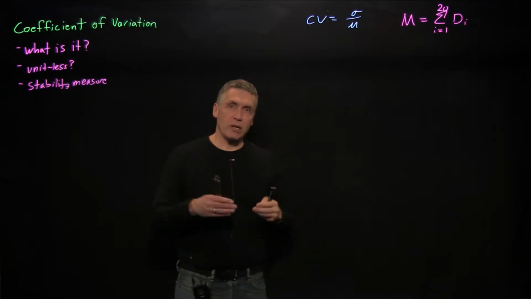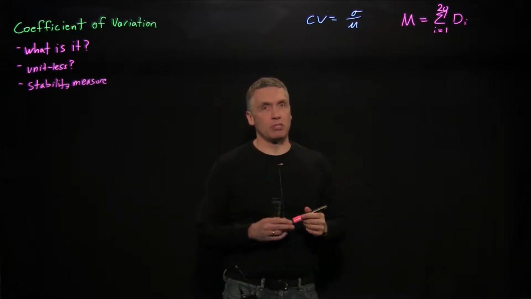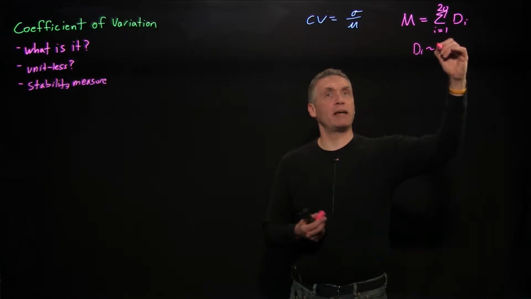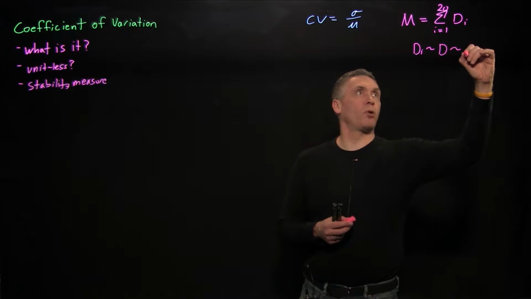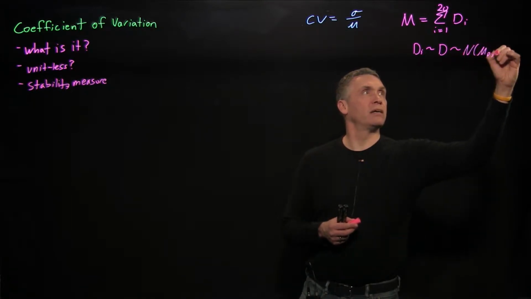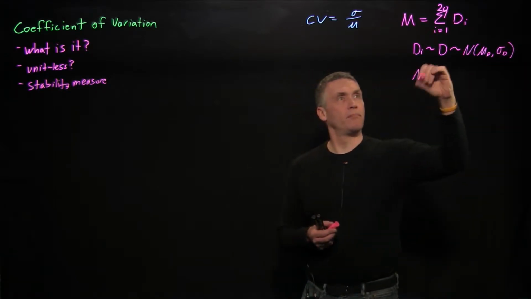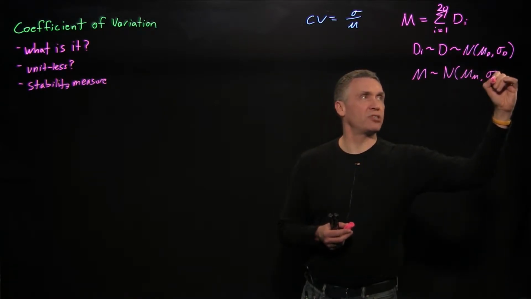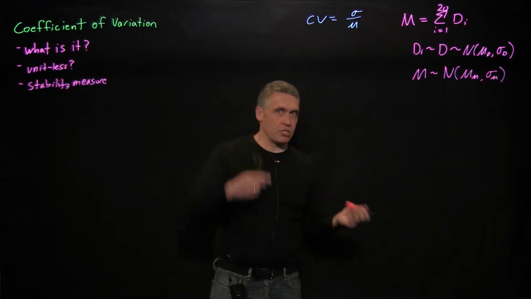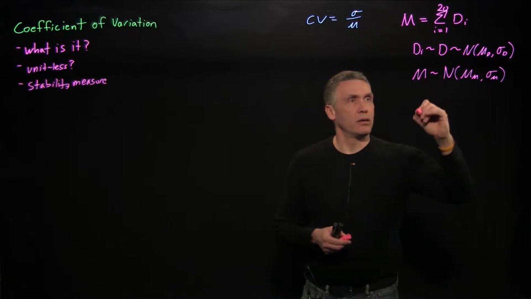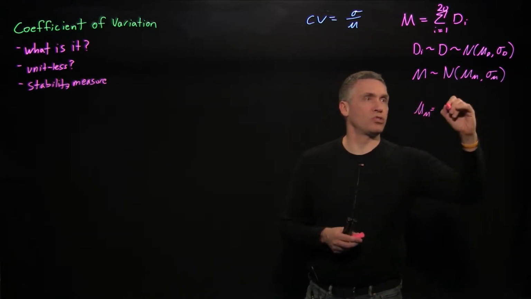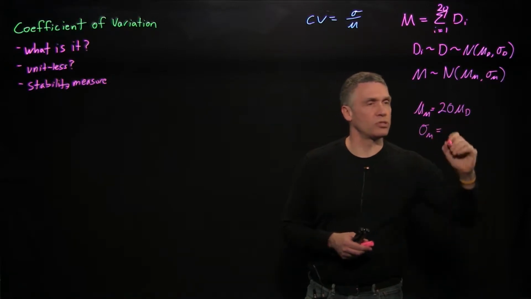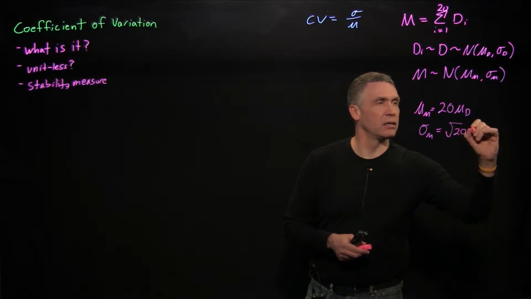So if we have monthly random variable M and 20 daily random variables D_i, and we assume that the D_i's are independent and identically distributed as D, that's normal with mean mu_d and sigma_d, and if M is normally distributed with mean mu_m and standard deviation sigma_m, then we have a mapping between these two time scales: mu_m equals 20 mu_d and sigma_m equals square root of 20 times sigma_d.